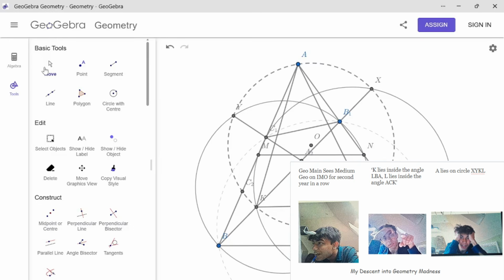So okay, we've solved the problem if we can show that the second intersection is on circle AKL, and then we're done.